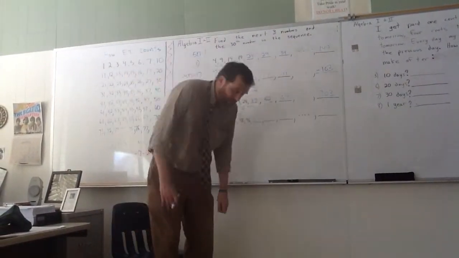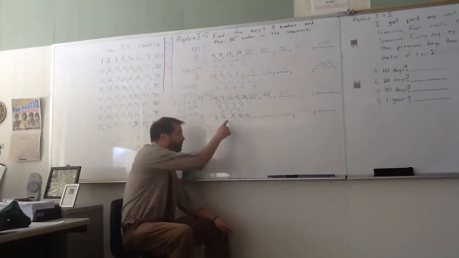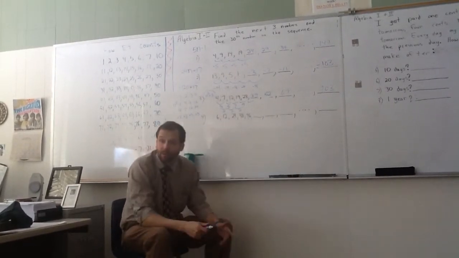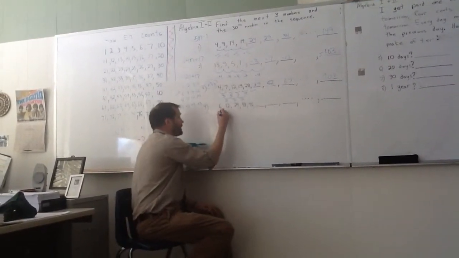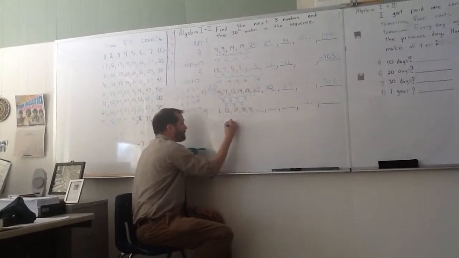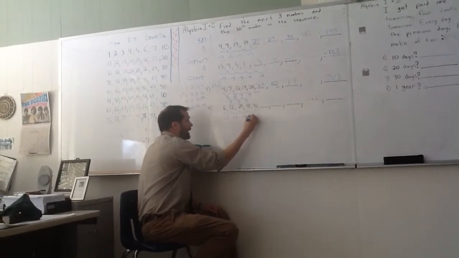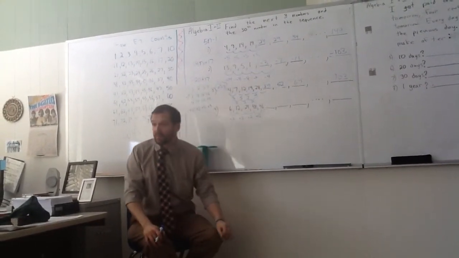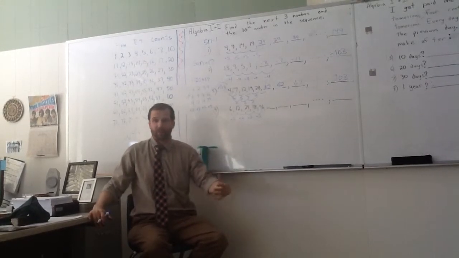Right here. What happens with this right here? What happens every time? Multiplies by 2. Multiply by 2, very good. Now, we're going to multiply by 2 every time. And kind of think. If we want to add a lot of things, what's a quick way to add a lot of the same number?